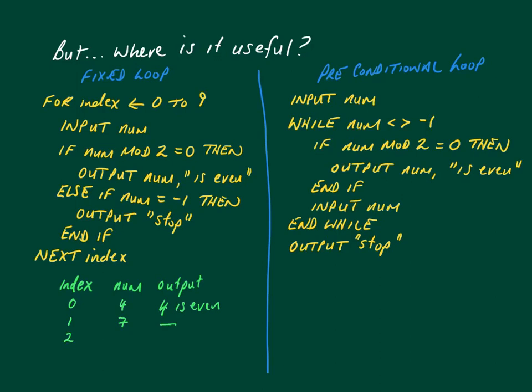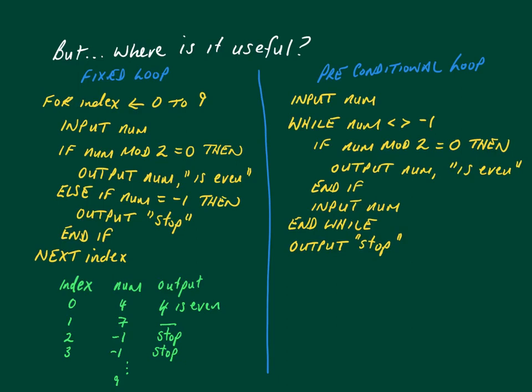And the third time it loops round, if I enter the number -1, then the program says stop. But because we've got a fixed loop, it continues and asks again, because it'll keep on asking 10 times. So if I put in -1 again, it'll say stop again, and so on until index has completed iteration number 9.